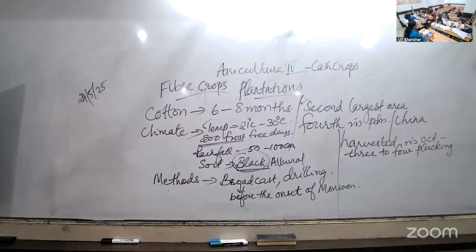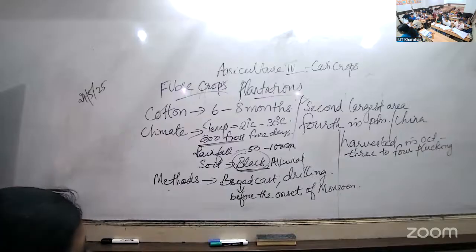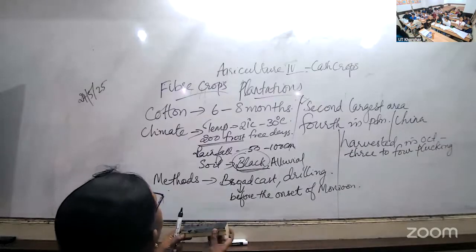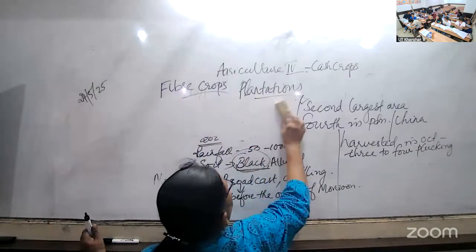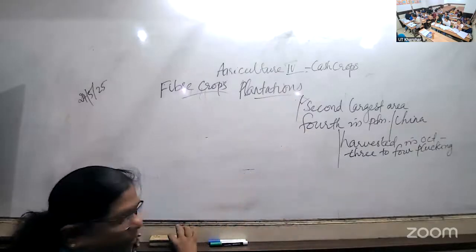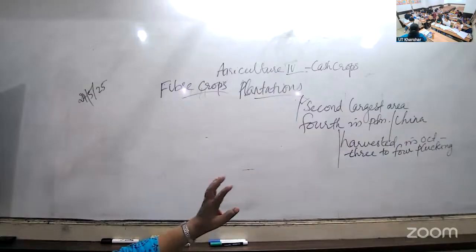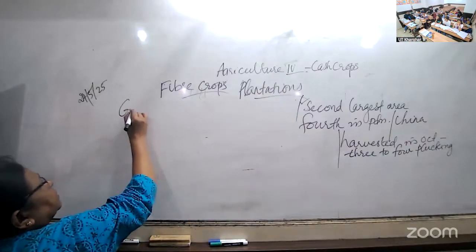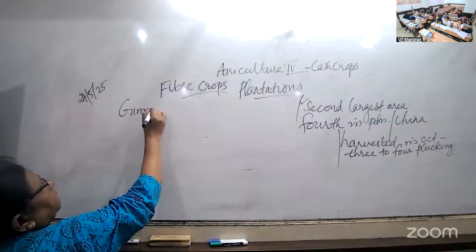Harvesting, you understood? After harvesting, the cotton crop passes through the following processes. The processes you have to learn. After this harvesting, the next process is called ginning.